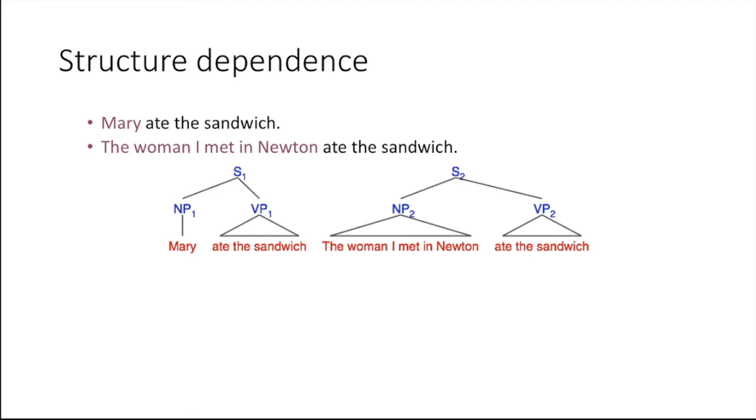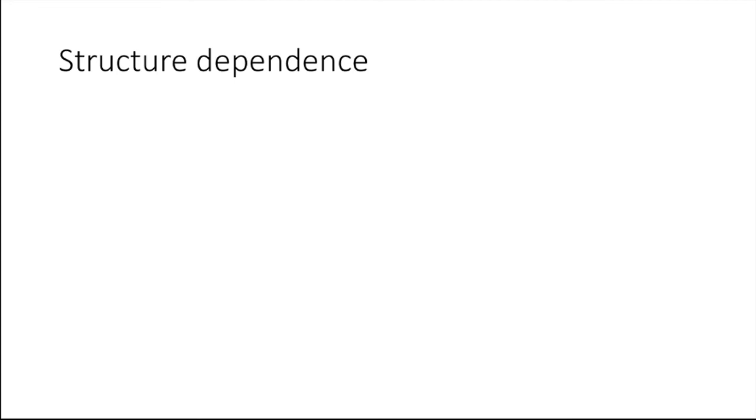Or the woman I met in Newton the day before class before the semester started could also be a substitution. And so the idea is that this characteristic, that sentences arise in hierarchical structure with constituency relations, is not a mere accident, but is central.